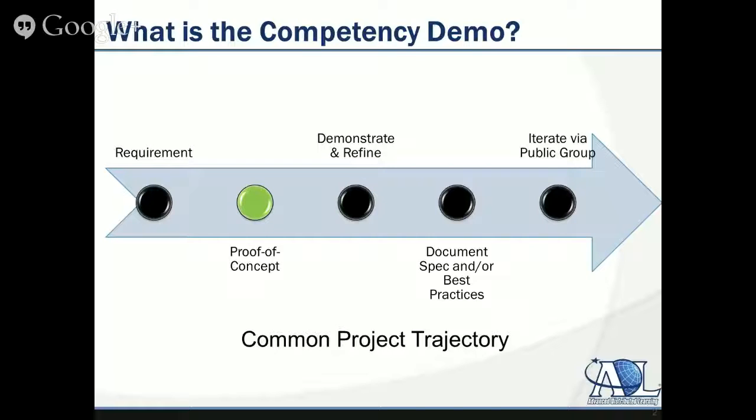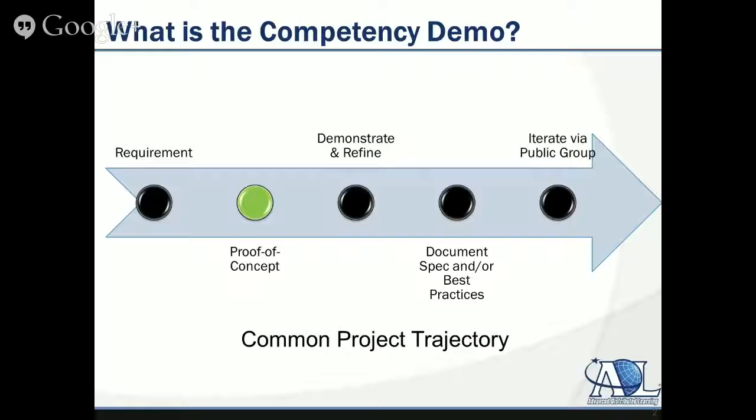Now, what we're going to see today, Tom's demo, or the competency demo, is one of these proofs of concept. However, in this case, it's working pretty well, and it has the potential to be pretty large in scope and inform many of the future projects that will be coming out of ADL.